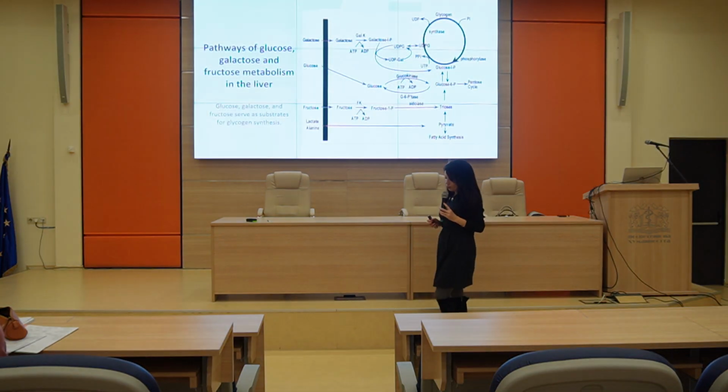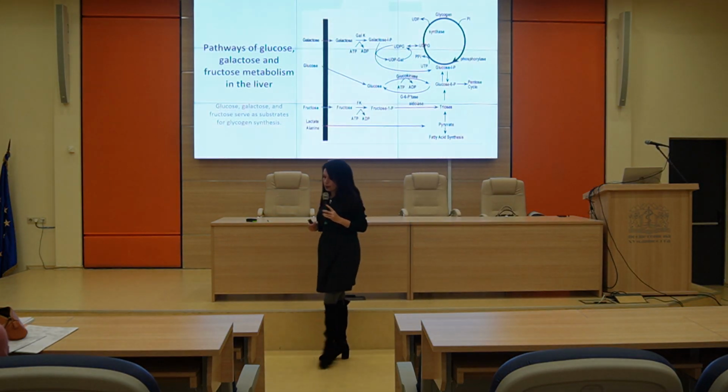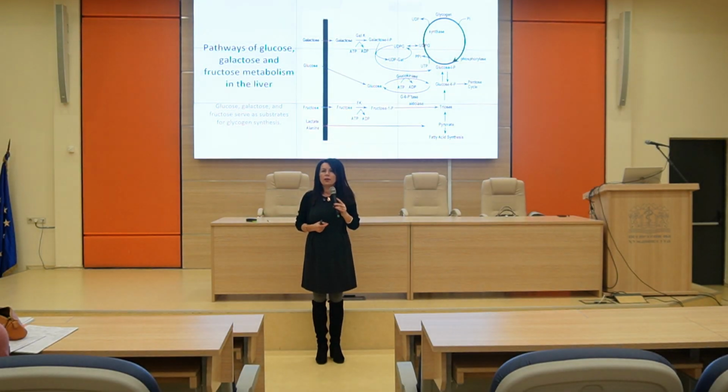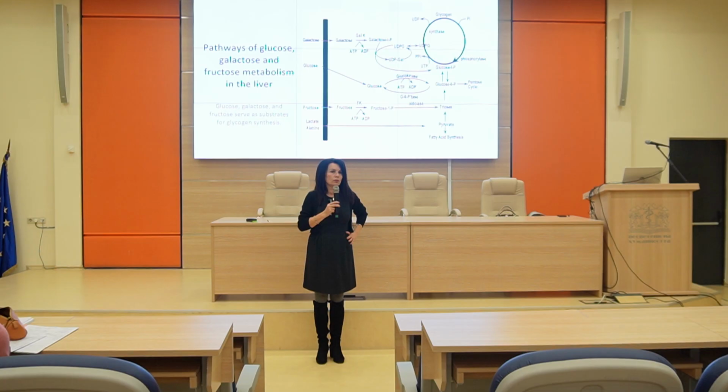In this scheme, you can see that all monosaccharides can be combined together to form glycogen. Here the question is: is it possible for fructose to be converted to glycogen? Yes, it is. How?